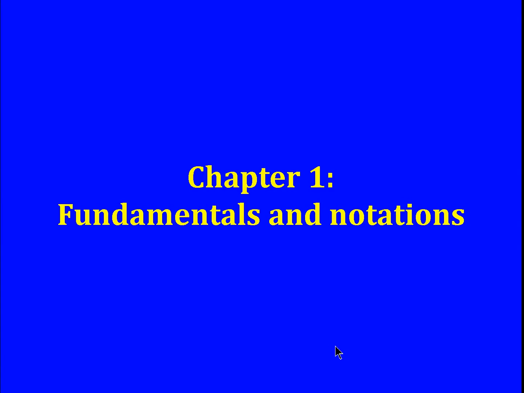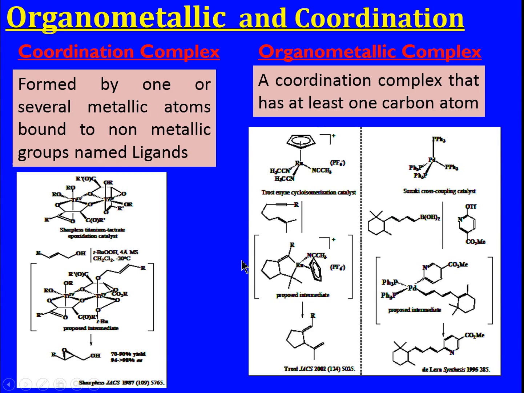We'll start chapter 1, the fundamentals and the notations important to explain and understand the metal-ligand bond. First of all, what is the difference between a coordination complex and an organometallic complex?